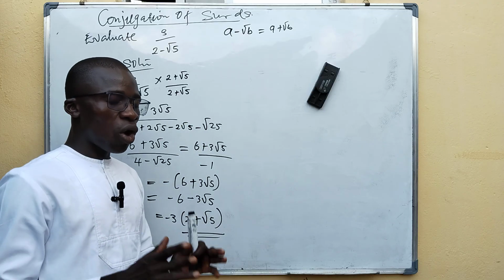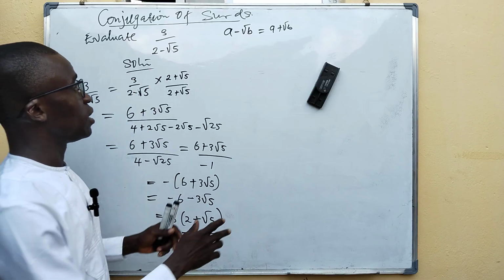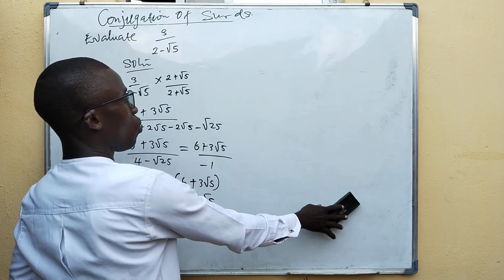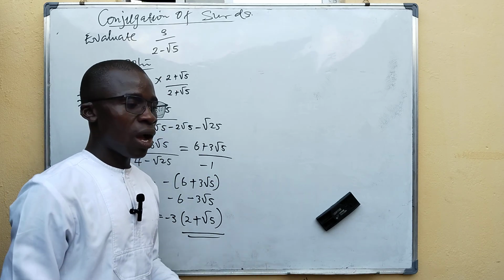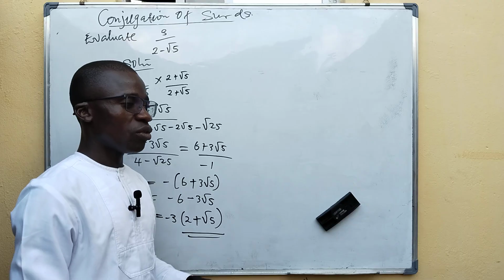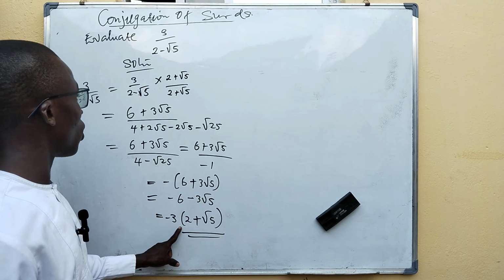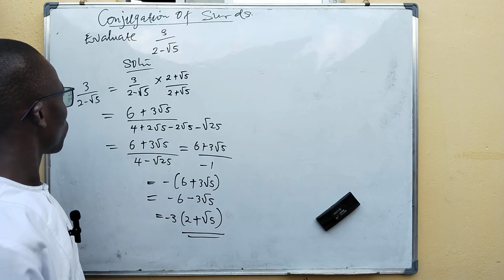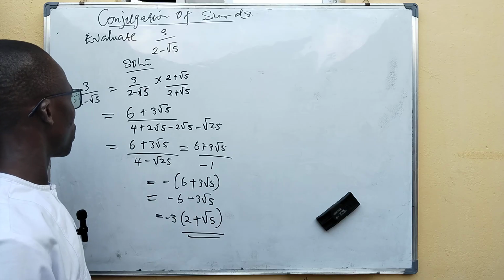Now, all you need to know specifically here is the conjugation. When you conjugate, at the same time you'll be rationalizing, and when you rationalize, then you've gotten what you want. Okay, let's check. We said the product of a surd and its conjugation will give us a real number.